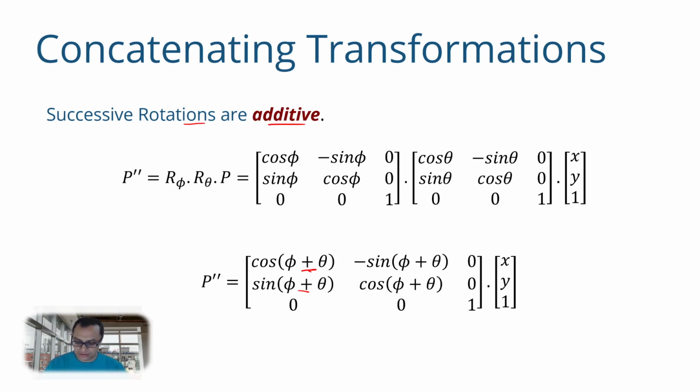Okay, so this is very interesting, right? Now you can also think about what happens if you apply r theta first and then r phi, or you apply r phi first and then r theta. Since the result is additive, it does not matter whether you have phi plus theta or theta plus phi.